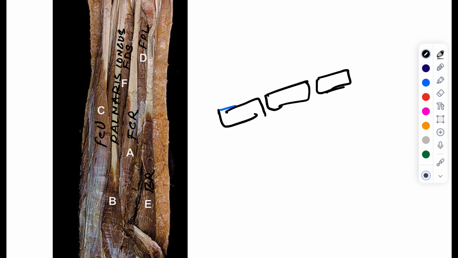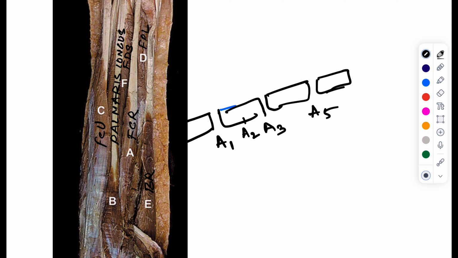This is the phalanx and this is the metacarpal. The A1 pulley is at the metacarpophalangeal joint, A3 is proximal interphalangeal, and A5 is distal. A2 pulley is over the proximal phalanx, directly on the phalanx.